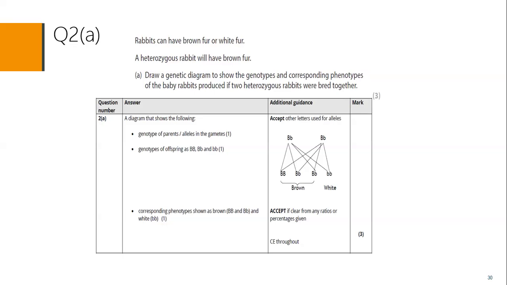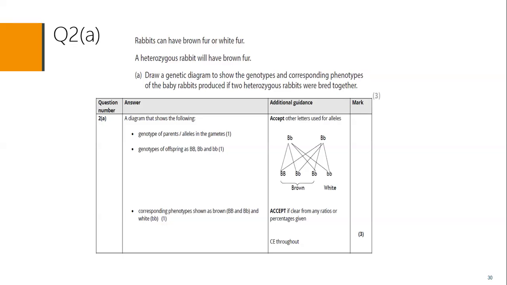We'd like candidates to follow the convention of the capital for the dominant trait and lowercase for recessive trait, but if they use a different notation, as long as it makes sense and is applied with appropriate logic, that is acceptable.